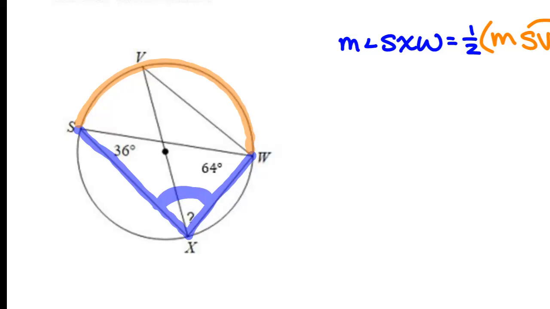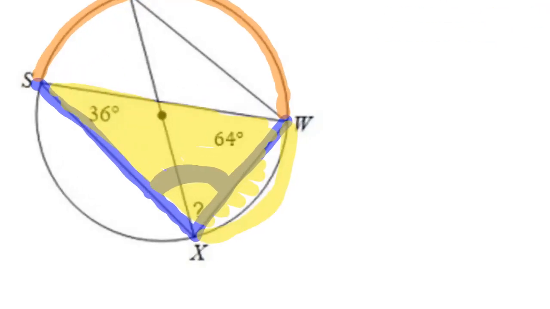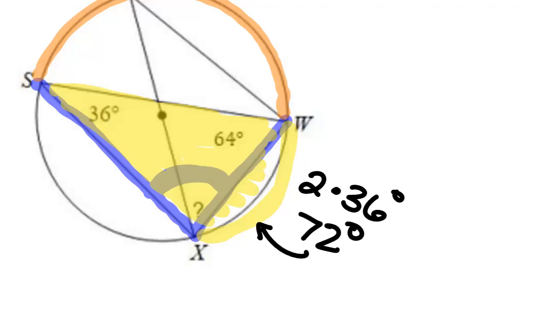So let's look at the angles that we do know. I have this 36-degree angle here, and the arc that it is intercepting is arc WX right here. And so arc WX is going to be twice as big as that 36-degree angle. So 2 times 36 degrees, that gives me 72 degrees for this arc.